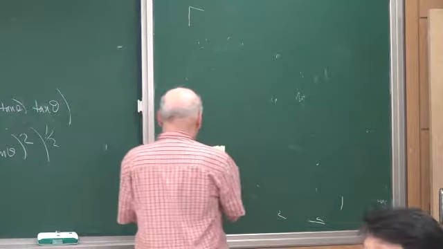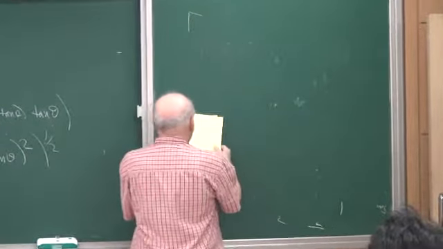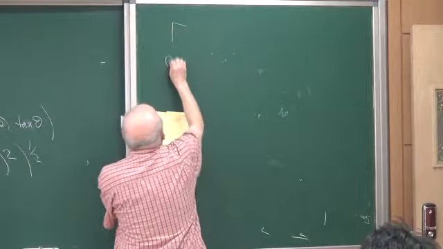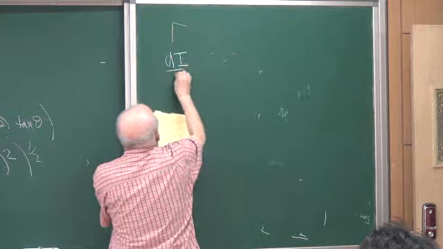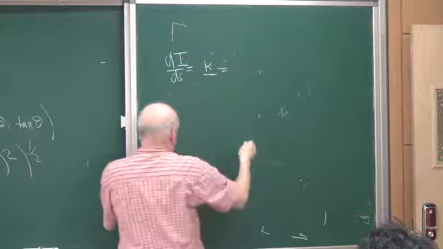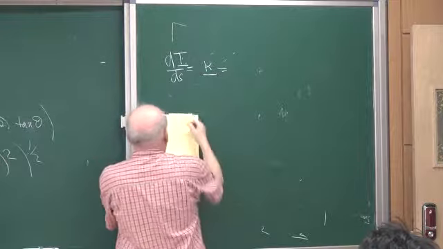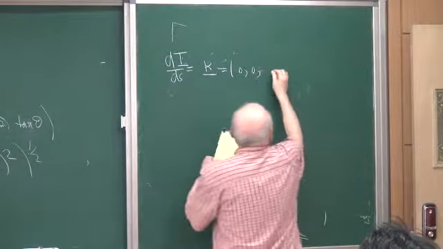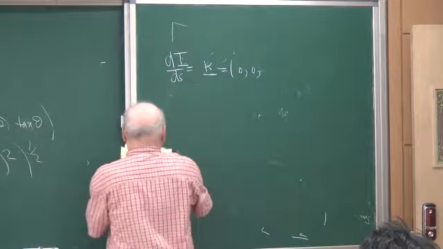We get that the curvature, the TDS, which is the curvature vector, is given by 0, 0, and then I'll write the leftover term.